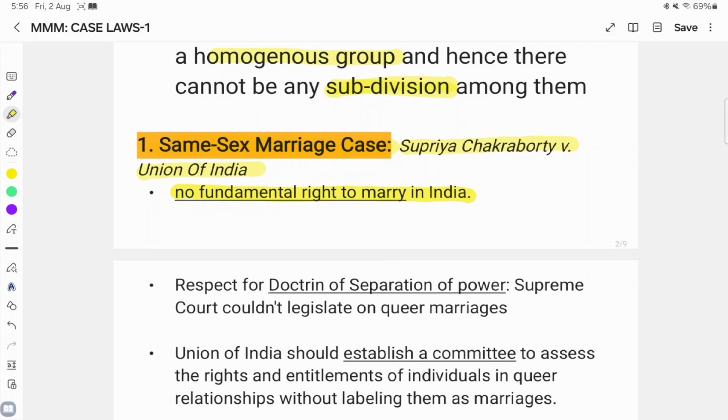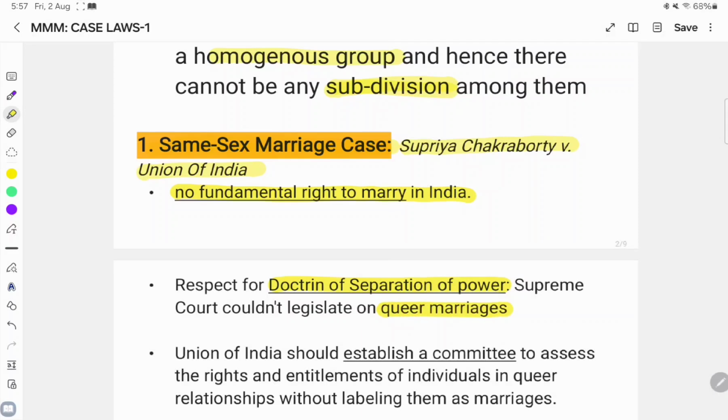The second thing you can use is that the Supreme Court upheld the doctrine of separation of powers, because in this case the Supreme Court said that the court could not legislate on queer marriages.